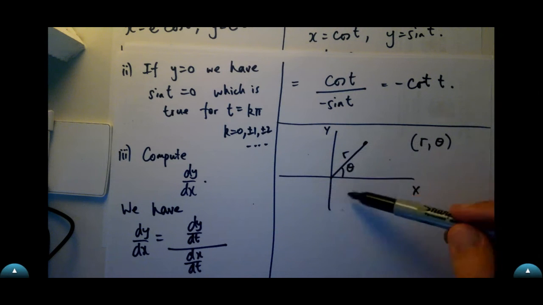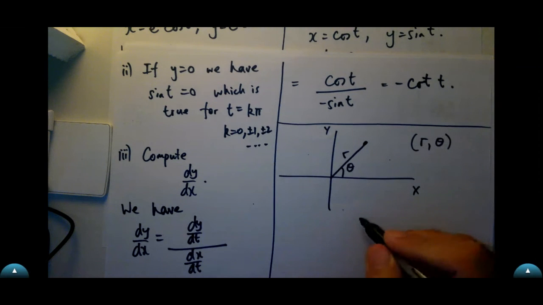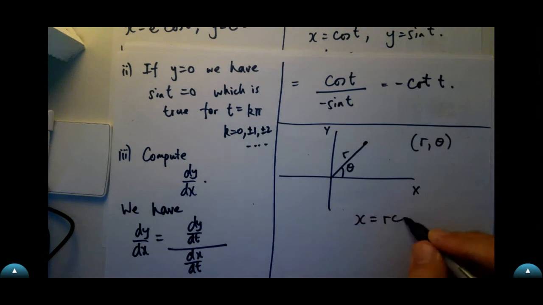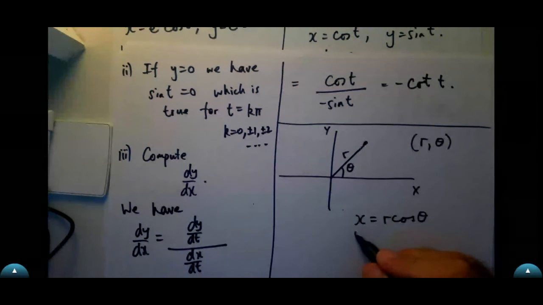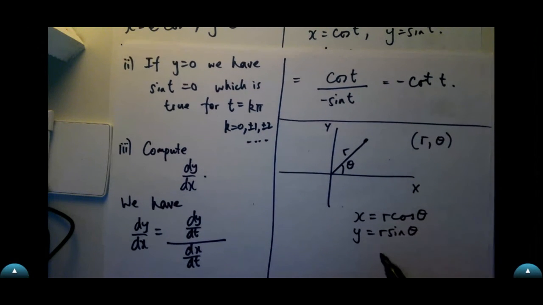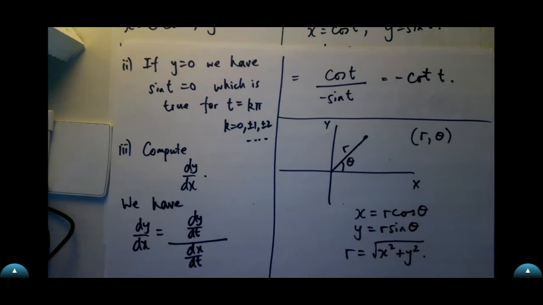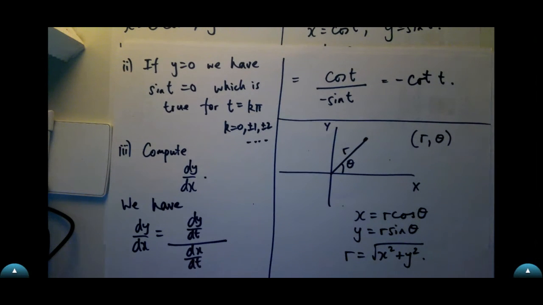And as you increase theta, you rotate anti-clockwise. And the basic connection between this and your Cartesian setup is this. It's very similar to what you've seen with the complex exponential form, things like that.